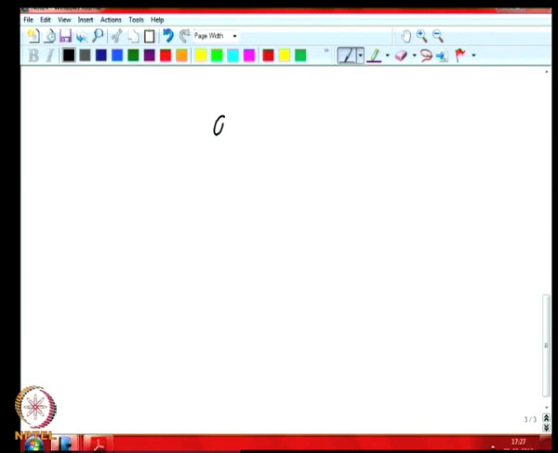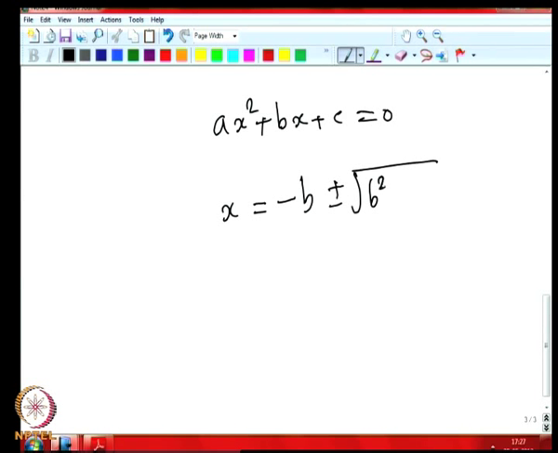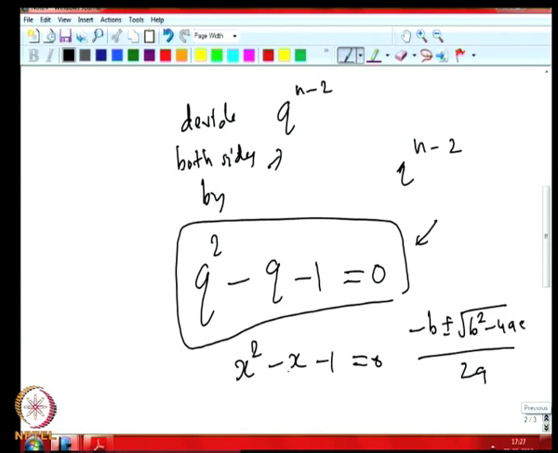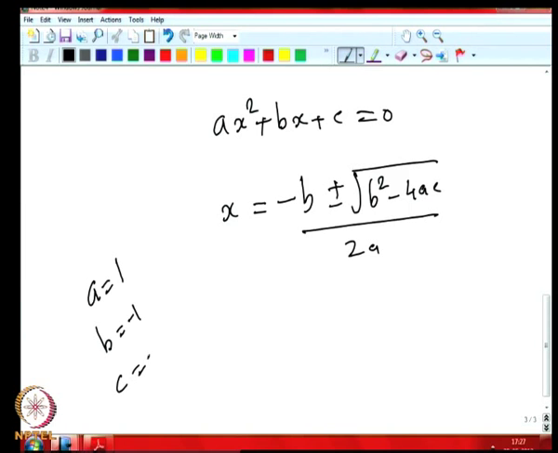So, you remember that for ax squared plus bx plus c equal to 0, the roots are x equal to minus b plus or minus root b squared minus 4ac by 2a. So here a equal to 1, b equal to minus 1 and c equal to minus 1. Try putting it.